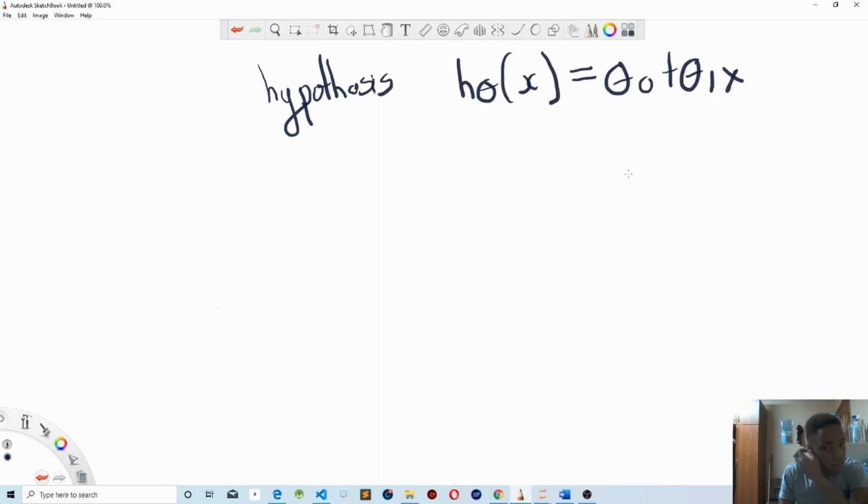So our hypothesis takes in the values of x and then makes predictions based on them. In this case, the value of x was the size of the house, in feet squared.